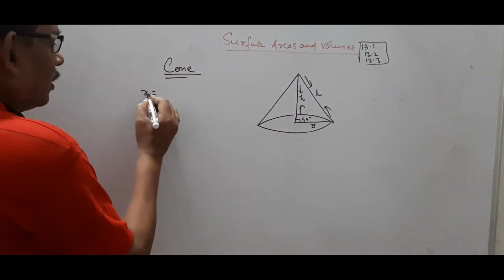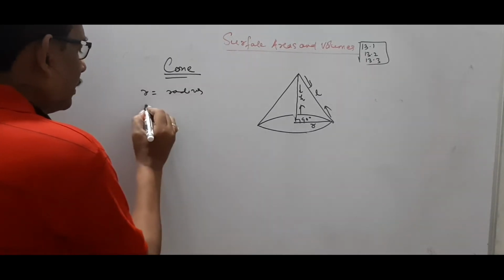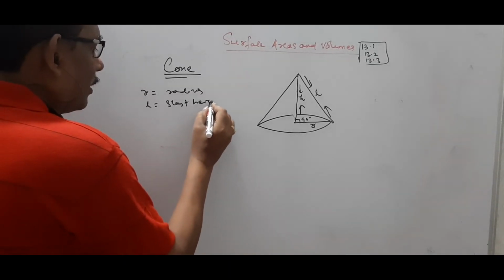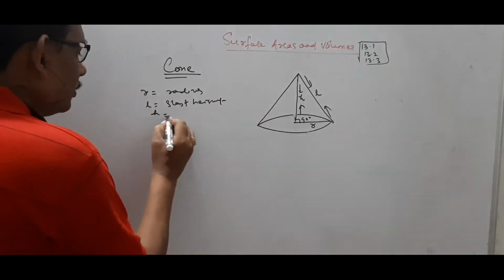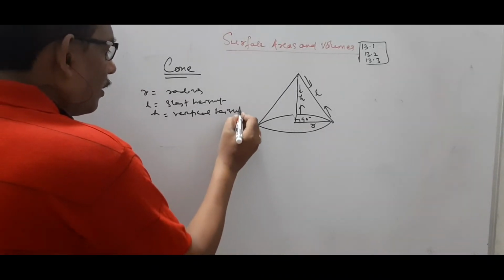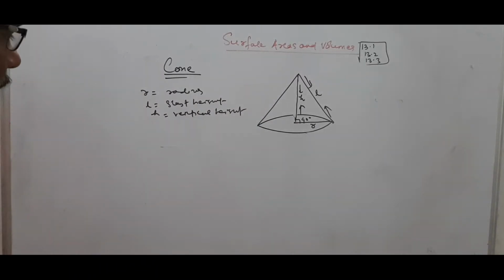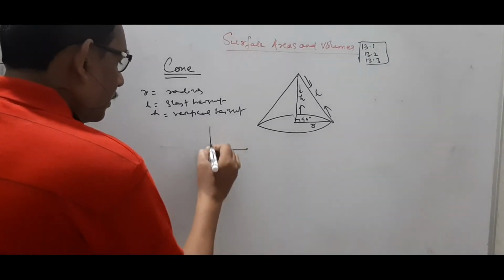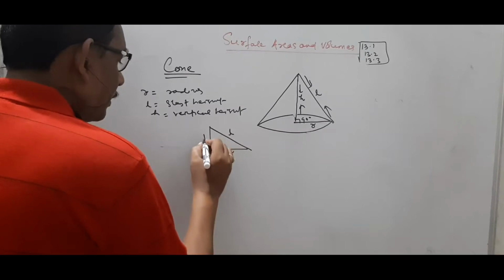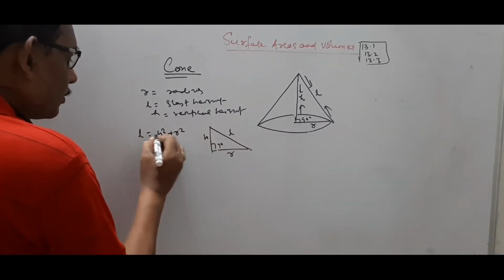So r is your radius, l is the slant height, and h is your vertical height. Here to calculate the slant height, it is l, it is 90 degrees, it is r, it is l. So l is equal to the square root of h square plus r square.